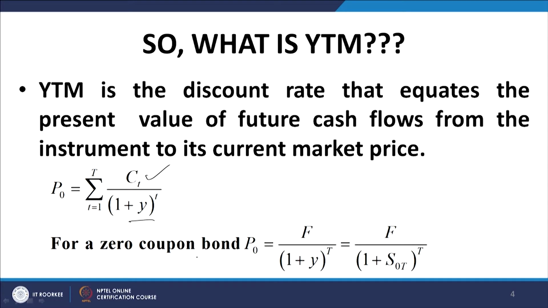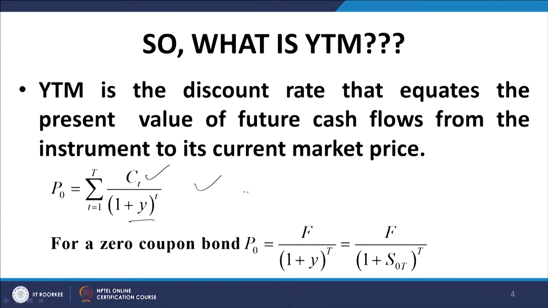For a zero coupon bond which gives you only one cash flow at maturity, obviously there is only one cash flow. So, this formula simplifies to this expression: P0 is equal to f upon (1 plus y) to the power t, and this is also the definition of the spot rate for the maturity t. Therefore, we have y is equal to S0t.